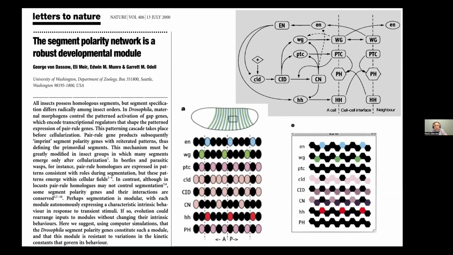And the whole paper is about robustness. Their message was that there is robustness in the signaling network such that you get this segmentation pattern forming in the Drosophila embryo. These segments that are formed in the embryo are basically patterns of gene expression.